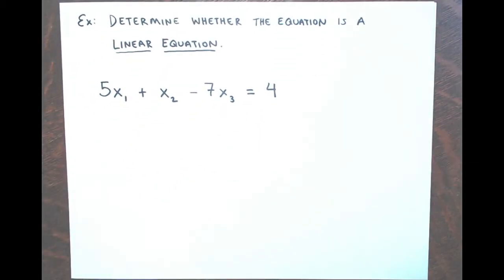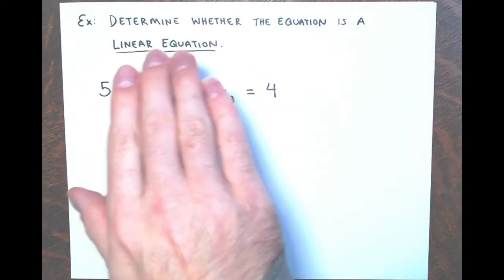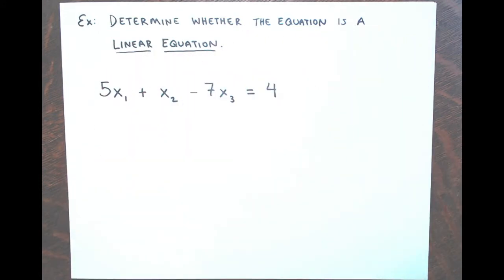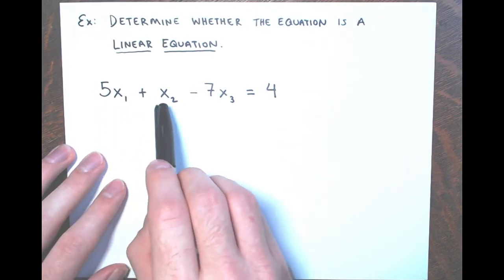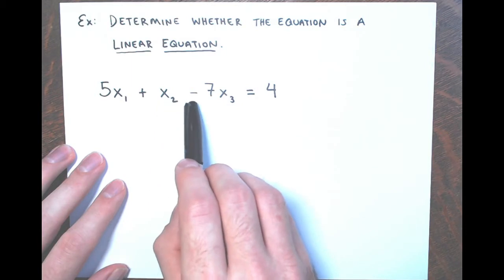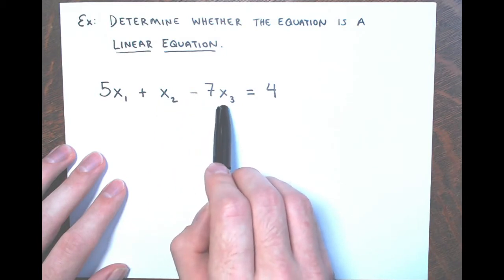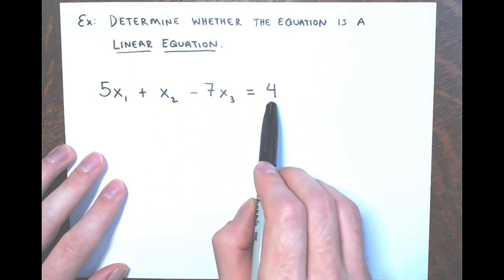For my first several examples in this video, it's simply determine whether the equation is a linear equation. So I've got 5 times variable x1 plus variable x2 minus 7 times variable x3 equals 4.